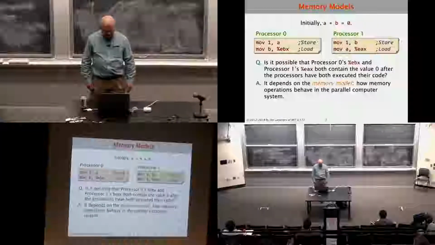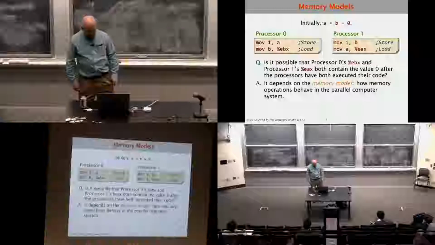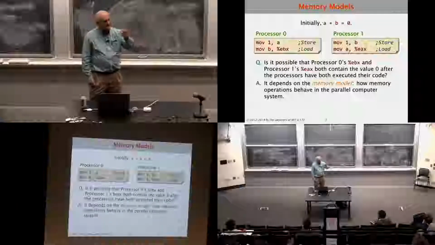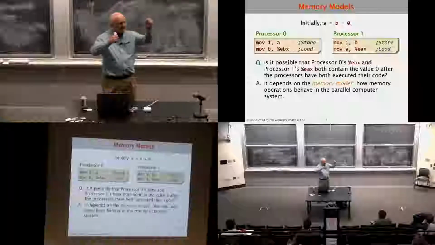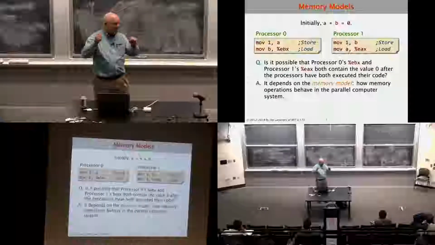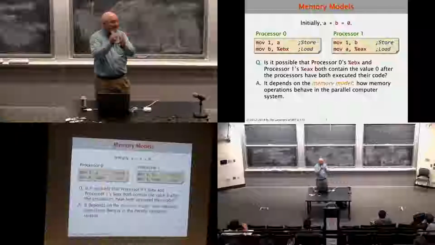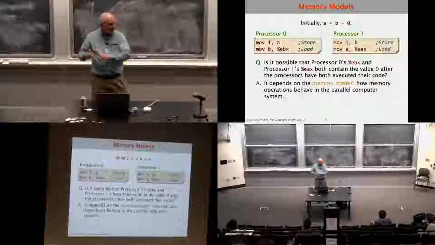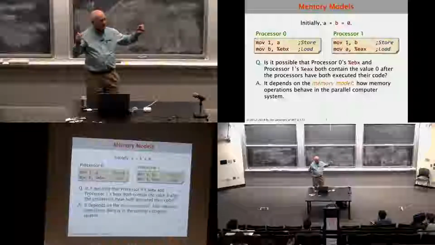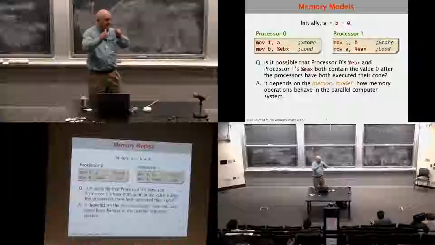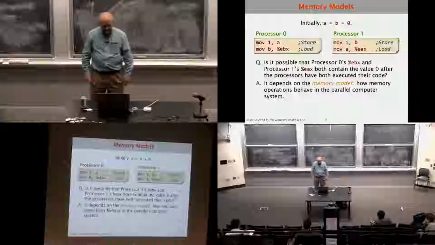So this depends upon the memory model. And what you were reasoning about was what's called sequential consistency. You were doing happens-before types of relationships, saying if this happened before that, then, okay, and so you had some global notion of time that you were using to say what order these things happened in, okay?